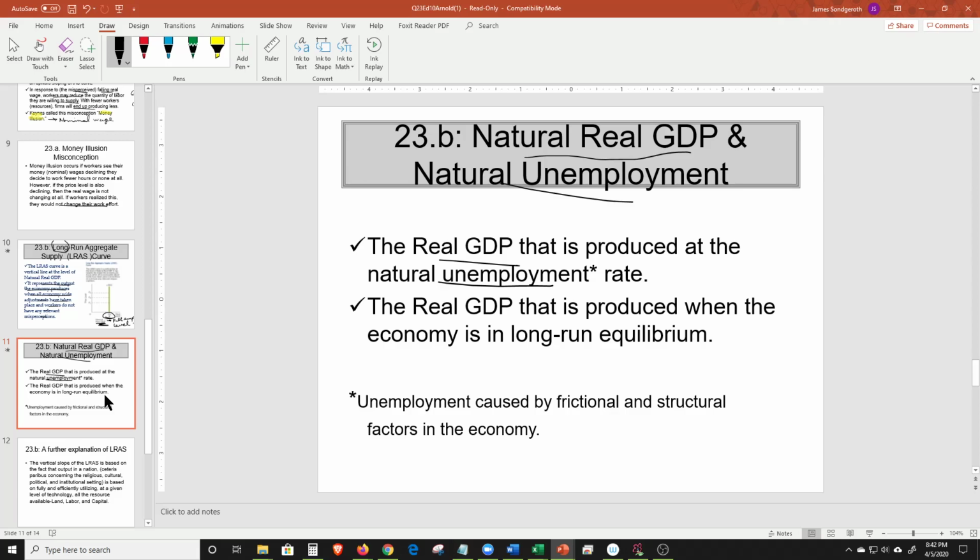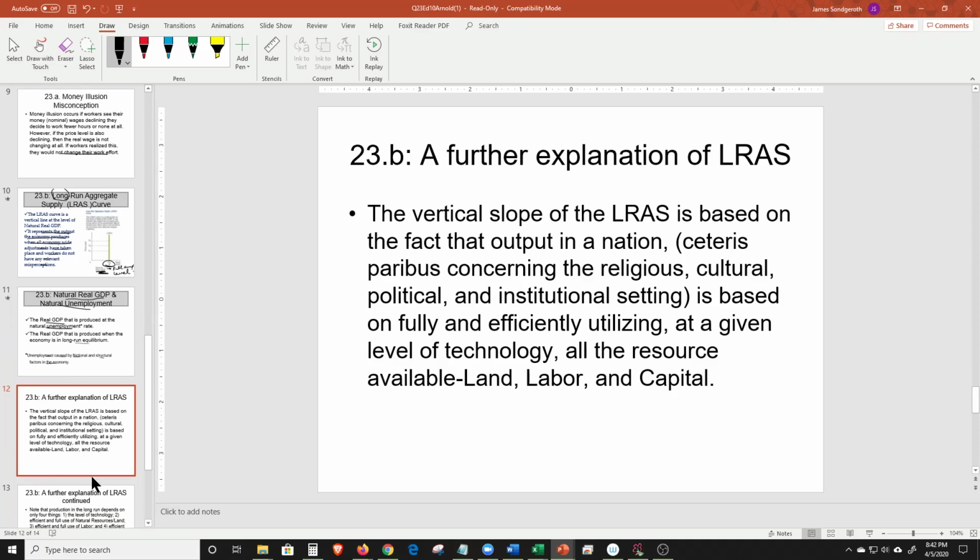The amount of GDP that is produced at the natural unemployment rate. Okay. The real GDP that is produced when the economy is in long-run equilibrium. Unemployment caused by frictional and structural factors. So there's no cyclical unemployment. We're at full employment, basically. So that would be the natural level of GDP.